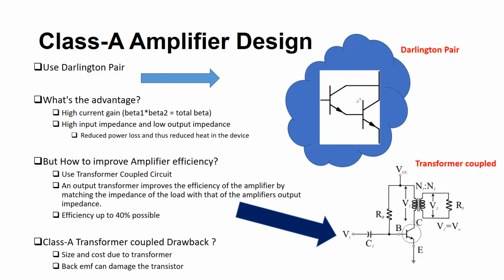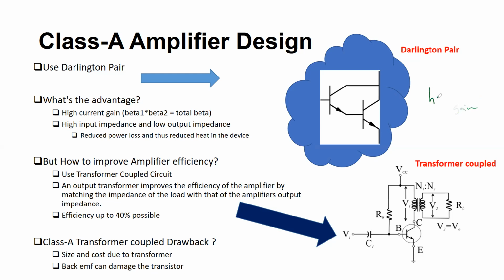So what is the advantage of using Darlington pair instead of a single transistor as we saw in the previous circuit? So the advantage is that since you are using the two transistor, they have individual current gain, that is beta 1 and beta 2. Remember, beta is DC current gain of the transistor.